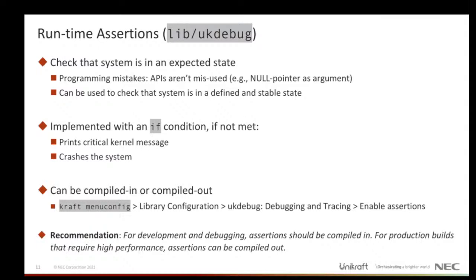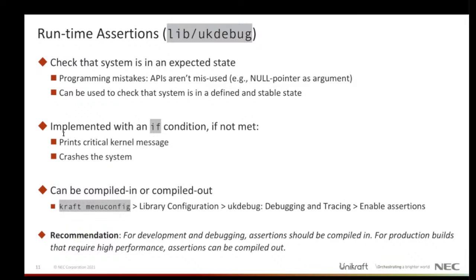But of course, because we have an if condition, there are some CPU cycles actually wasted. And when you're sure that your code is safe and weird states can't happen, which you can never promise, but you know what I mean, for production builds that really require high performance, you can of course let the build system completely remove all assertions from your code and get back performance.